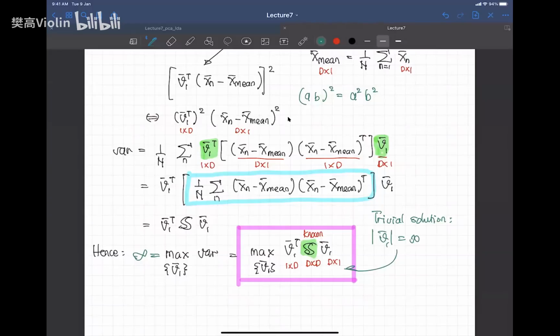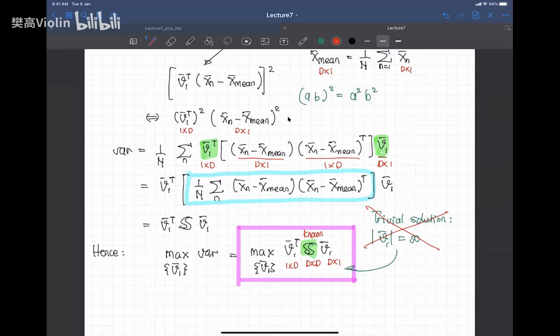But we don't want to have this, right? We don't want the output to be infinite because it doesn't give us any value of V1. So we want to avoid this trivial solution. We don't want to be trapped into a trivial solution.